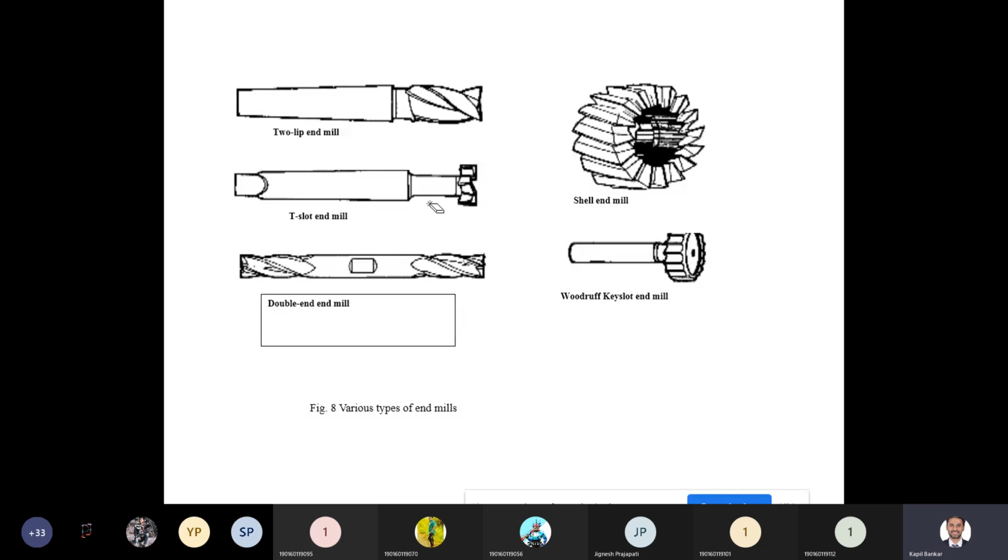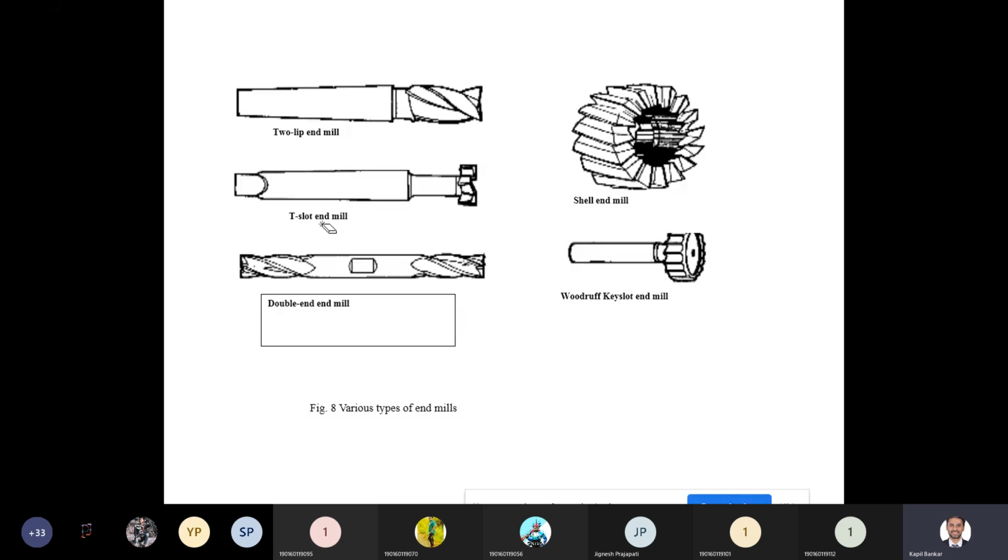Now another one is called the T slot end mill. Why T slot? Because with the help of this cutter you can make a T slot. Generally T slots are available on the table. If you observe the table, as I showed you in the previous video, the table has some slots, and those slots are called T slots.